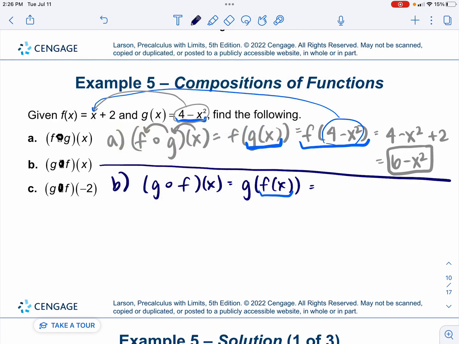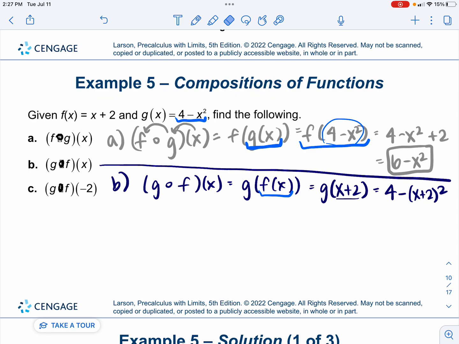We start by plugging x into the f function, so it's just g of whatever that is, which would be x plus 2. Then we do g of x plus 2, which means we take x plus 2 and plug it in the g function for x. So it'd be 4 minus x plus 2 squared. See how that x plus 2 got plugged right there in for x. It's getting kind of messy.